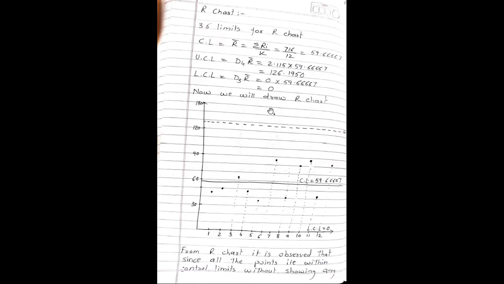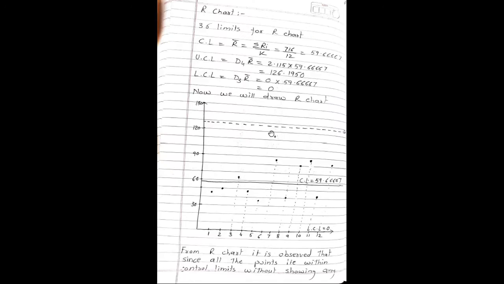Fourth sample 48, 36, 81. Then 78, 42, 69. This way we can plot the points for all 12 samples.